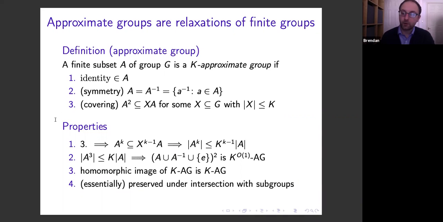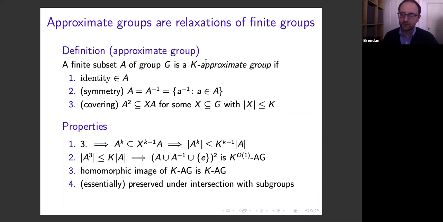So some important properties: you take a homomorphic image of a k-approximate group, and that image is also a k-approximate group. So that's obeying the philosophy that approximate groups act like groups. Essentially, the same thing is true: if you intersect two subgroups, you get a group. If you intersect an approximate group with a subgroup, you get another approximate group, more or less.